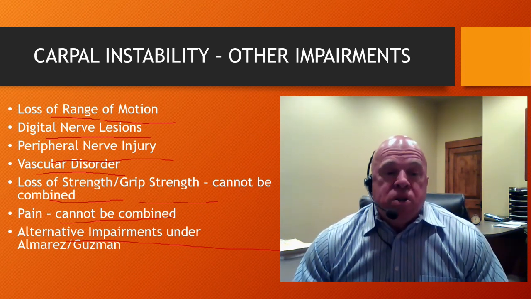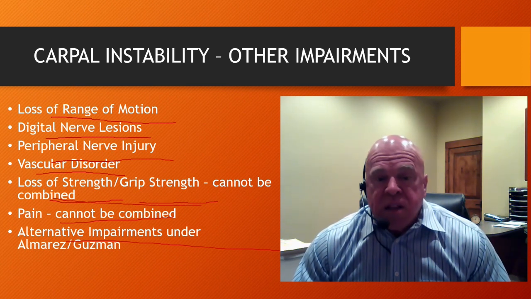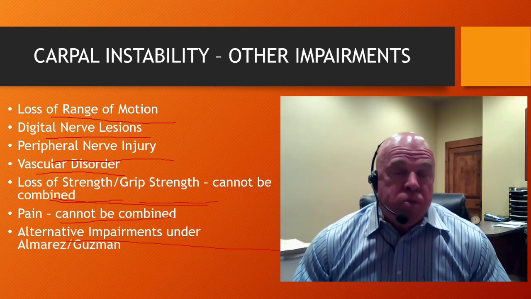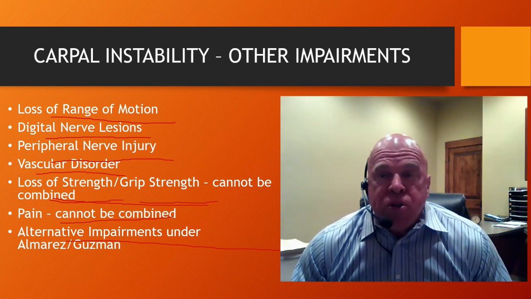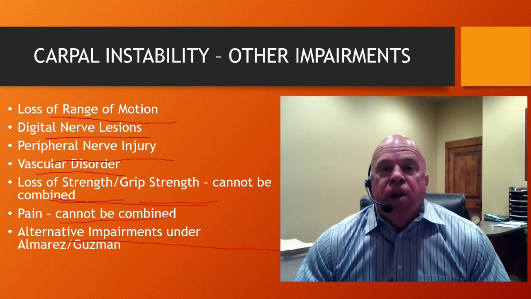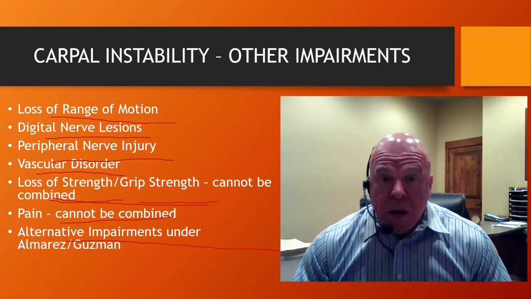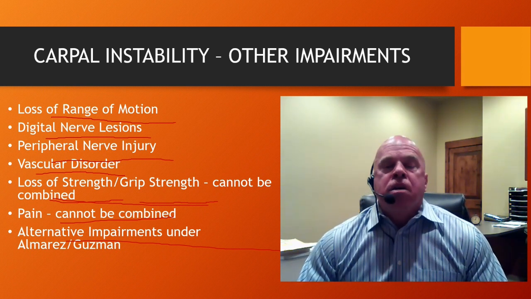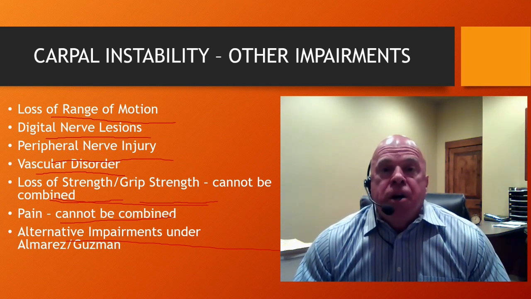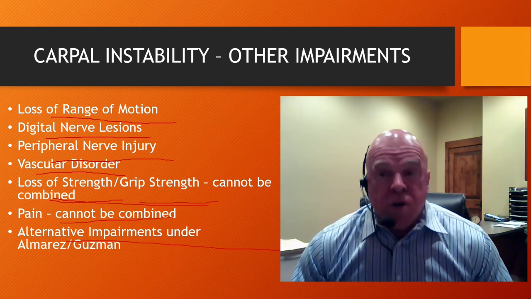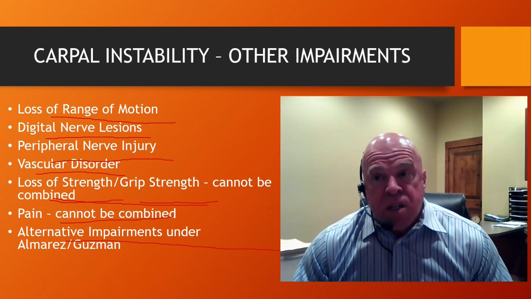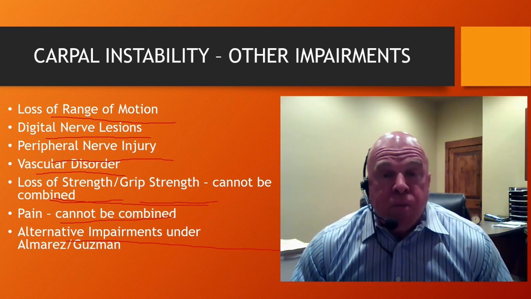So perhaps, even though the Guides tell us that loss of strength and loss of grip strength cannot be combined with impairment ratings due to carpal instability, you may opine that an alternative impairment rating due to analogy to hernia, involving now a loss of lifting capacity involving the upper extremity or upper extremities, plural, could be a more accurate description of the examinee's impairment, even when the Guides tell us that these particular impairments cannot be combined.